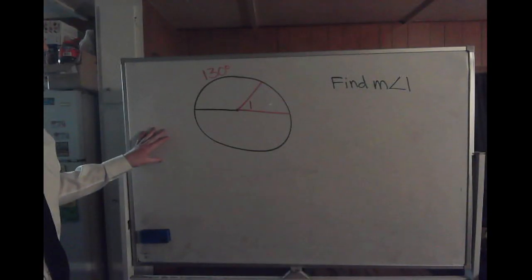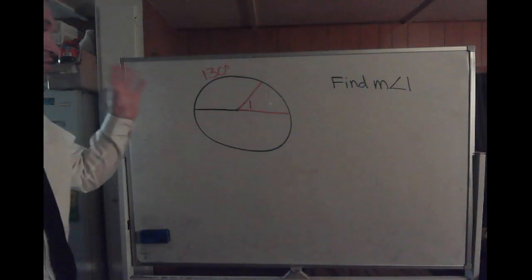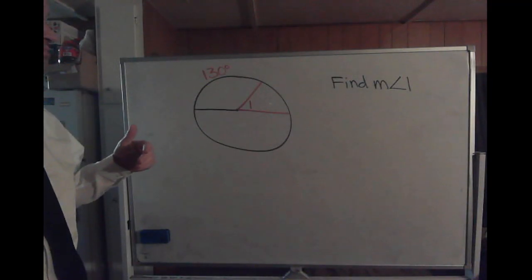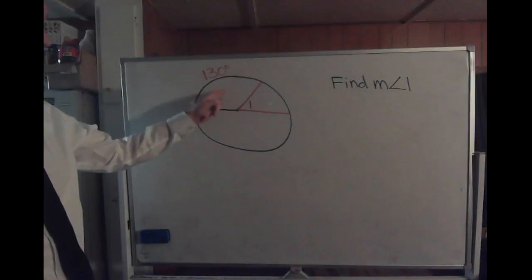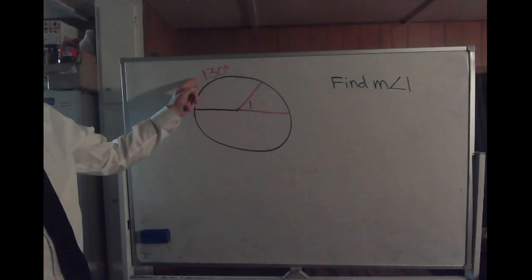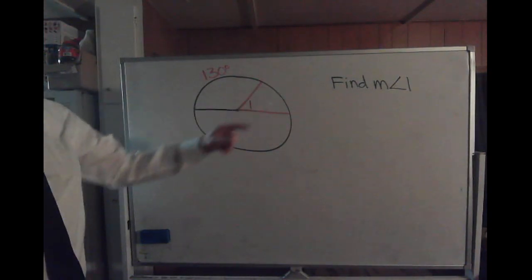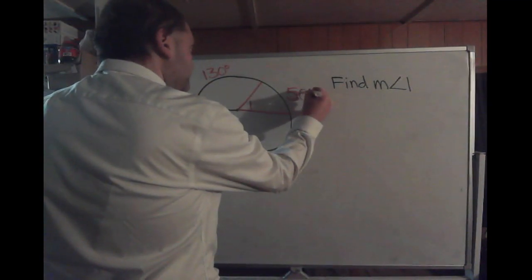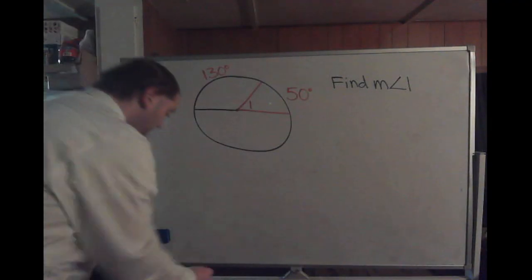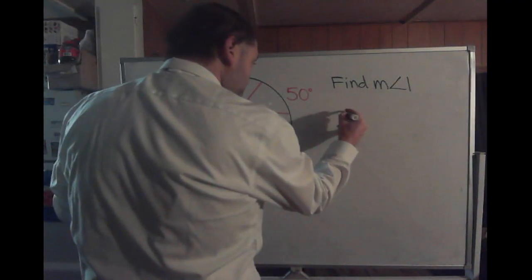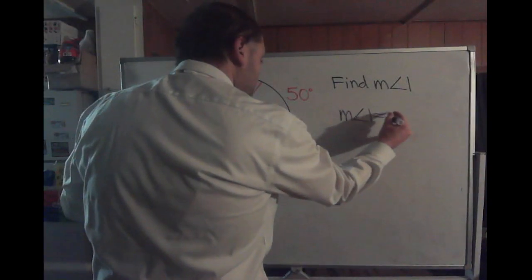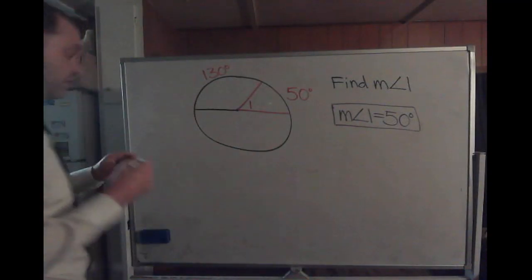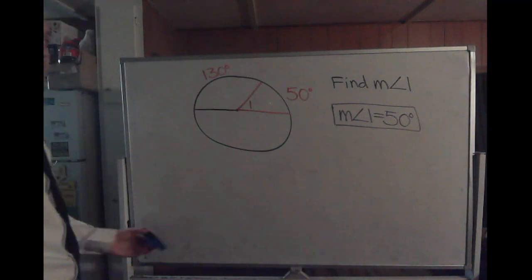Now, the degrees of a semicircle would be half of 360, which would be 180. Well, we see this arc here from this central angle is 130, so the rest of the distance to be 180 would be 50, right? That means this minor arc here would have to be 50, which would then make the measure of angle 1 equal to 50 degrees. So that one also wasn't too bad. You're just working with a semicircle.